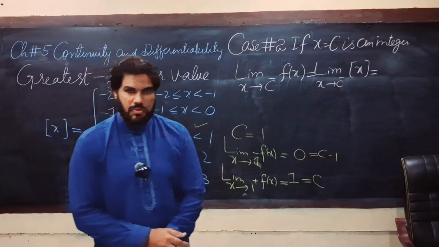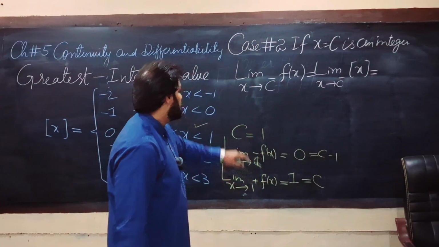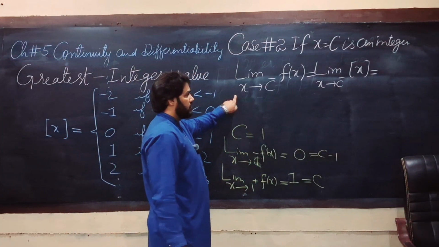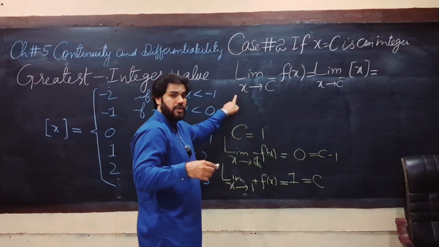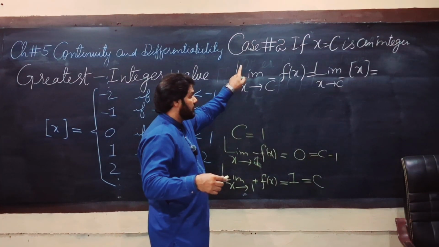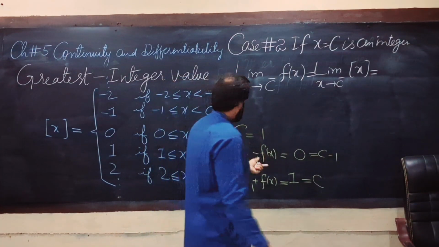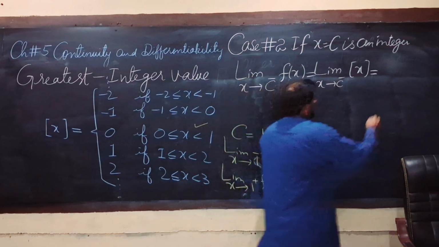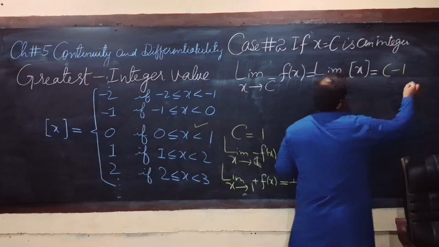This is the key fact: when you evaluate the left hand limit of the function at every integer, its value will simply be equal to c minus 1.